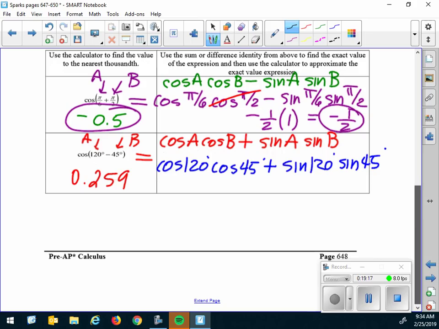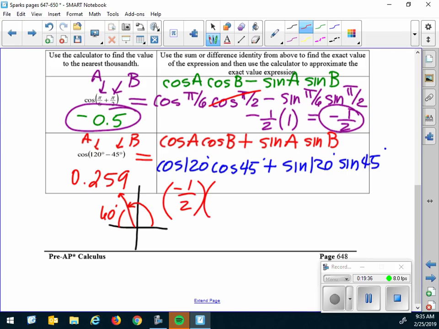Okay, let's go think about 120 degrees. 120 degrees is in quadrant 2 with a reference angle of 60 degrees. The cosine of 60 degrees is 1/2. In quadrant 2 is negative, so that's negative 1/2 times the cosine of 45 degrees is square root of 2 over 2, plus the sine of 120 degrees. Well, the sine of 60 degrees is square root of 3 over 2.